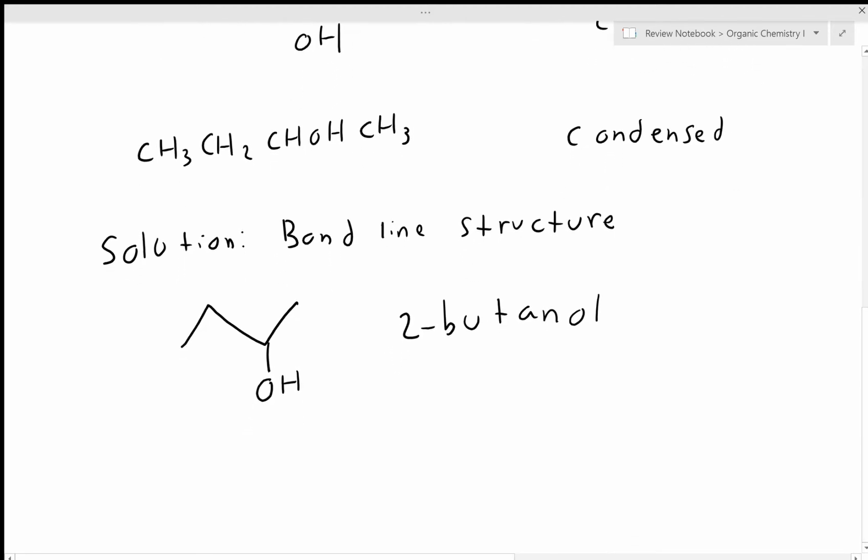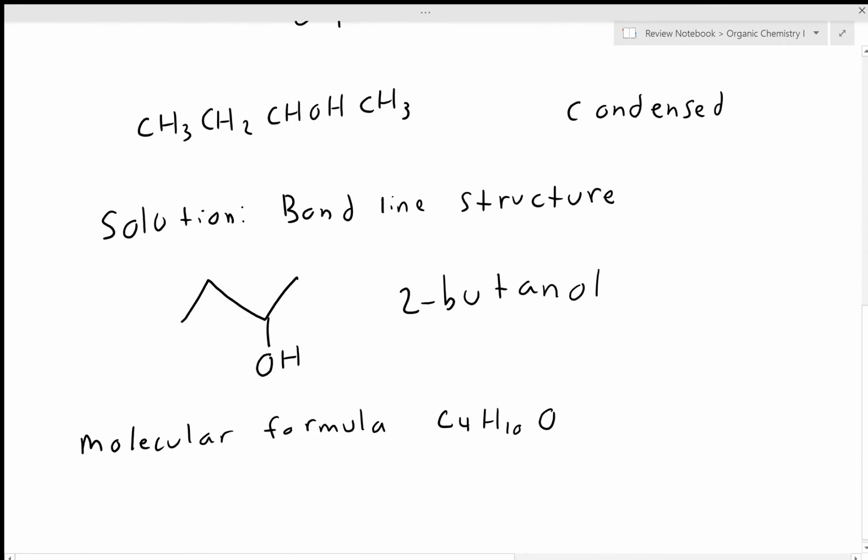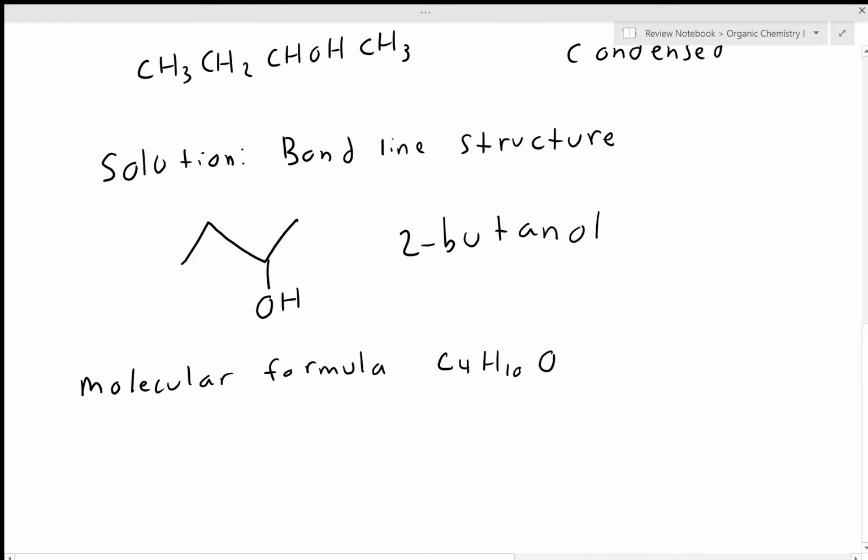So basically we should know that the molecular formula isn't enough. We're working on C4H10O, and that molecular formula doesn't give the whole picture.